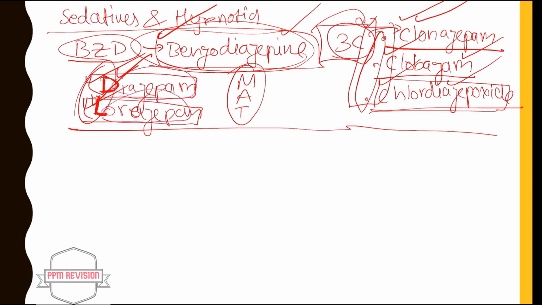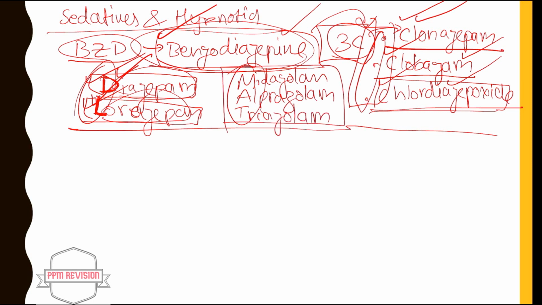Then I also told there's something called MAT, which includes midazolam, alprazolam and also triazolam. So this is midazolam, alprazolam and triazolam. Okay, so Alp, that's how I remember, Alps.